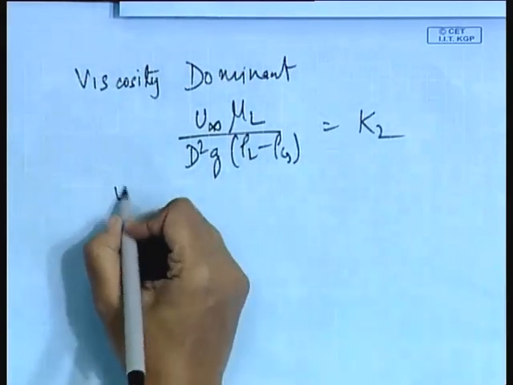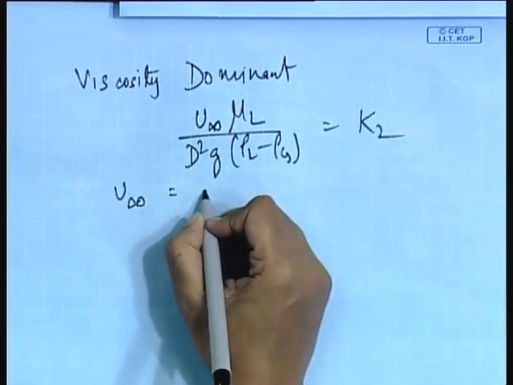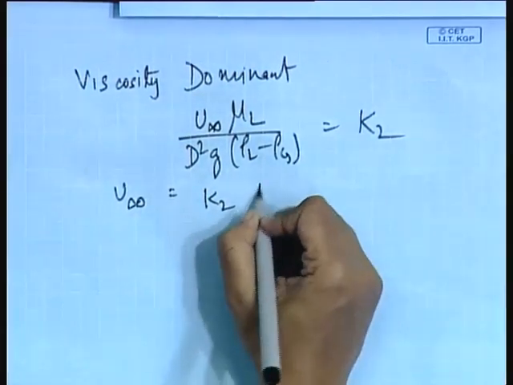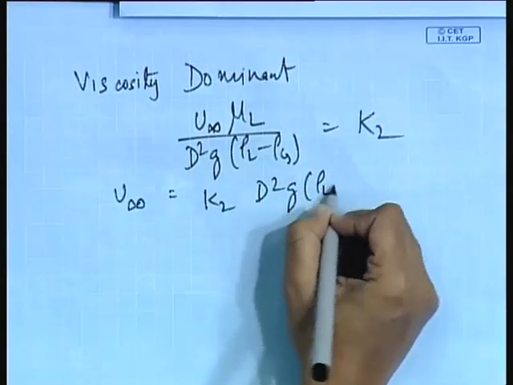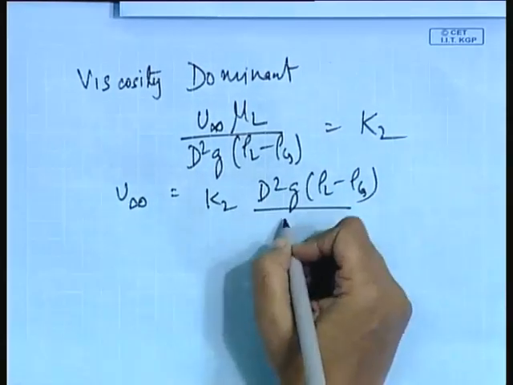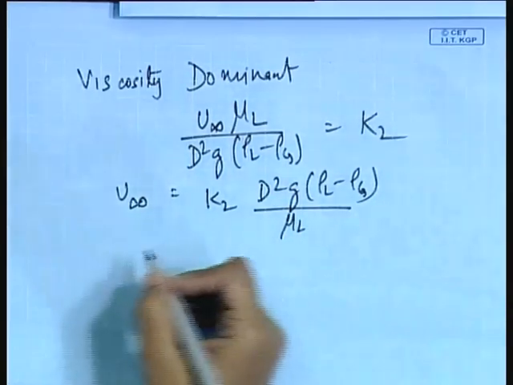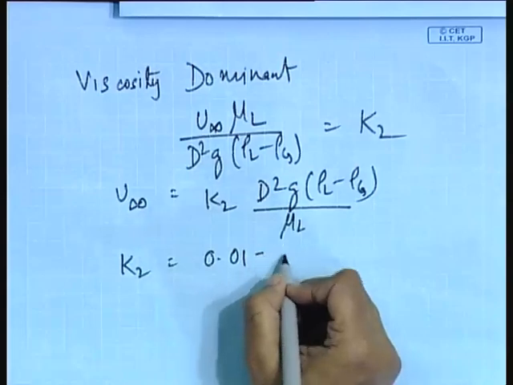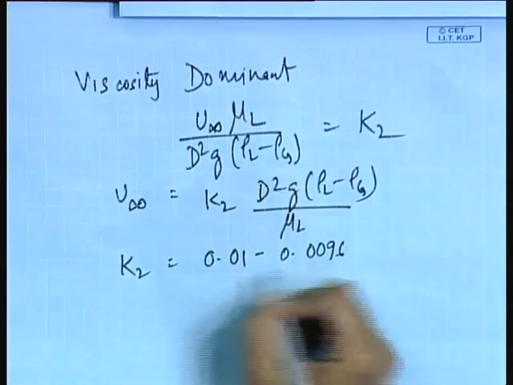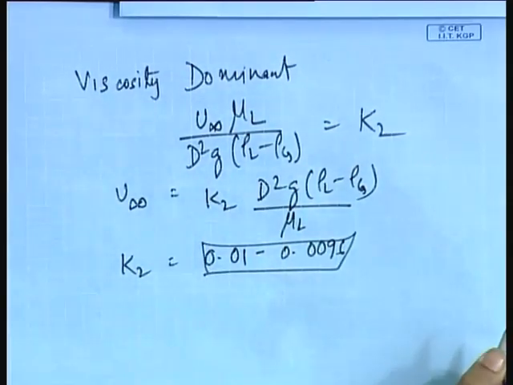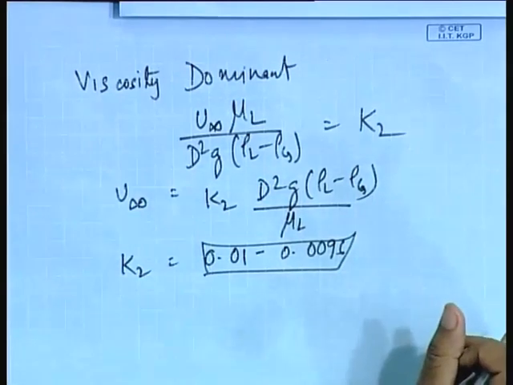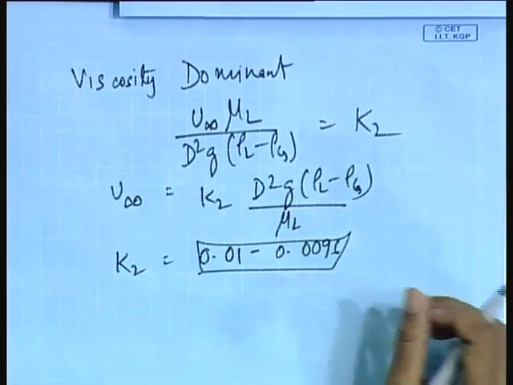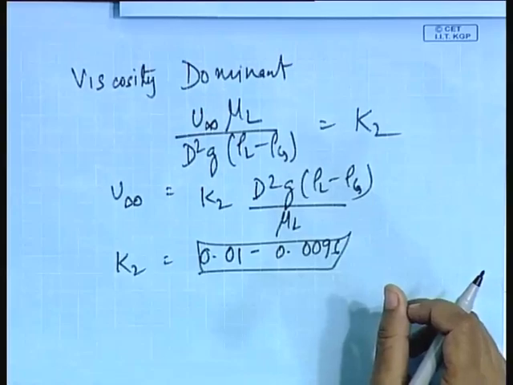In other words, u infinity can be obtained from K2 d square g (rho L minus rho g) by mu L. This K2 value is almost equal to 0.01, or maybe 0.0096, some such value.